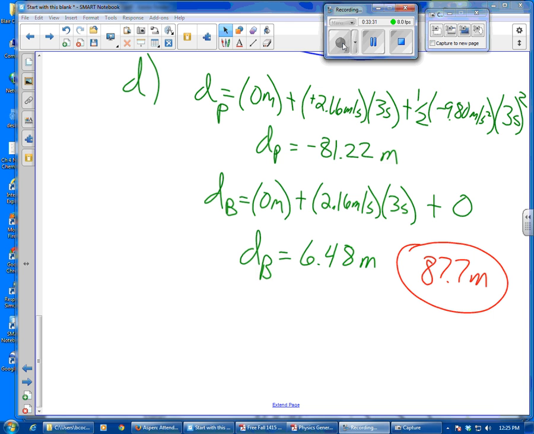Hold on, this is an 81, 82. That seems completely wrong to me. This is negative 37.62, and that is 44.1 meters apart again.